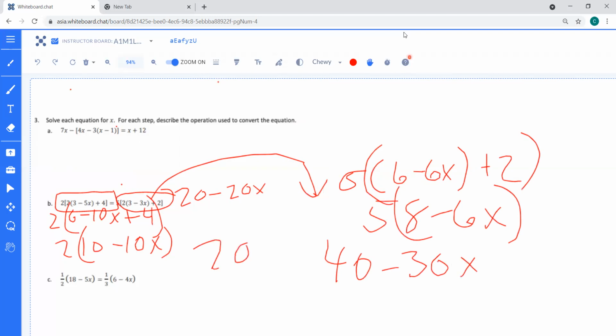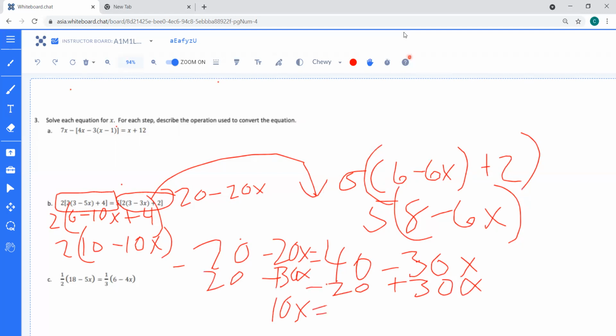So now I'm going to set these equal to each other. Since this is the biggest negative, I'm going to move it to the other side, which gives me plus 30x. Plus 30x is 10x. Let's move this 20 to the other side, is equal to 20x. So x is equal to 2.